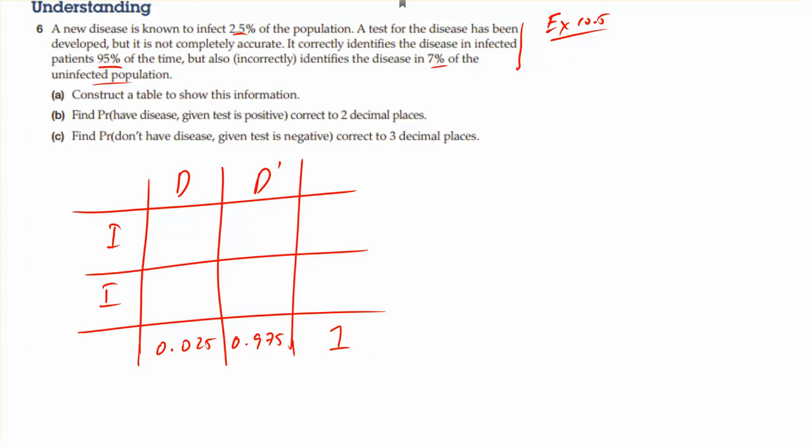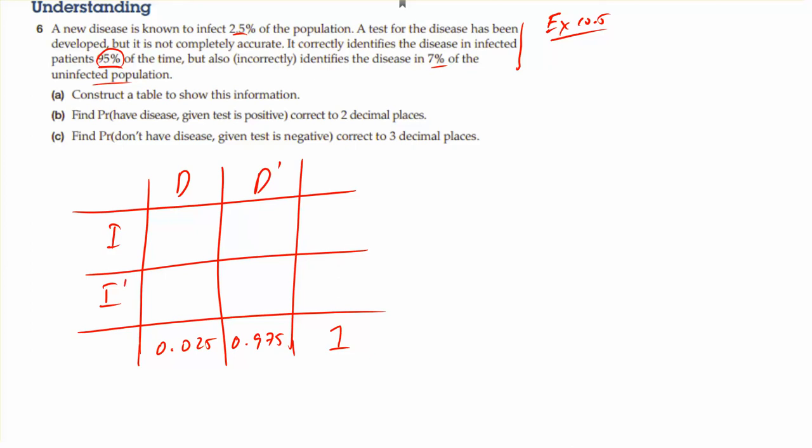Now, to work out the rest of the table, we need to work out the other information given in the question. So we know that the test for the disease has been developed and is known not to be completely accurate. It correctly identifies the disease in the infected patients 95% of the time.